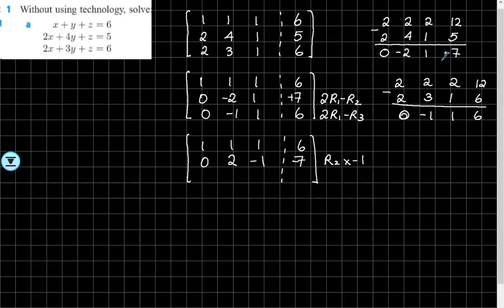That's 2 errors. Why did I times by negative? Most of the time I wouldn't bother doing that. I'm just saying if it upsets you that you have a negative here, by all means you can times through by the minus, but you do not have to. Shall we get rid of it?